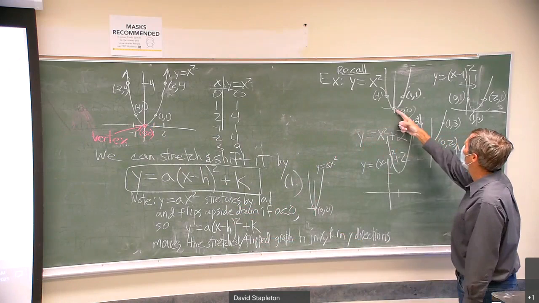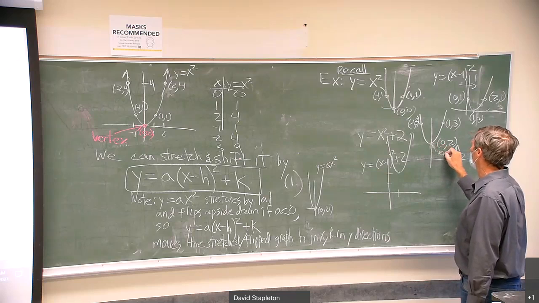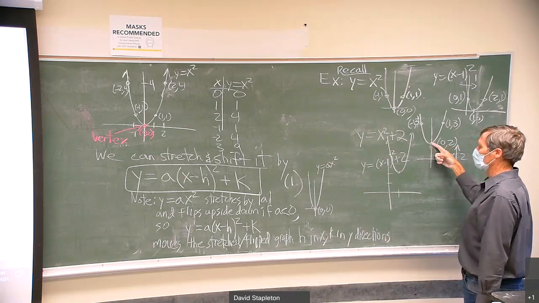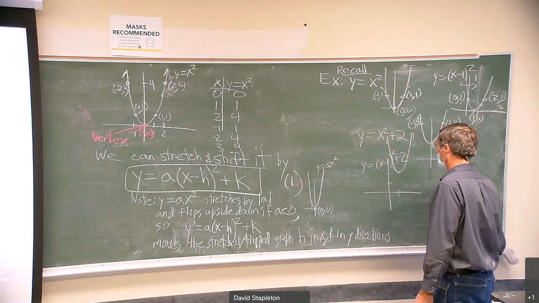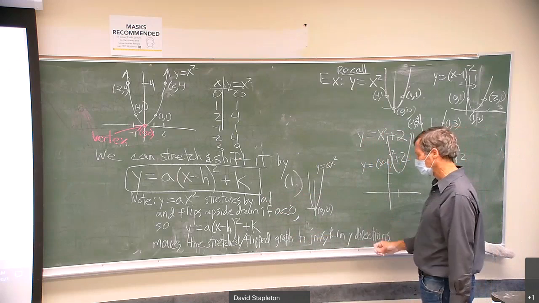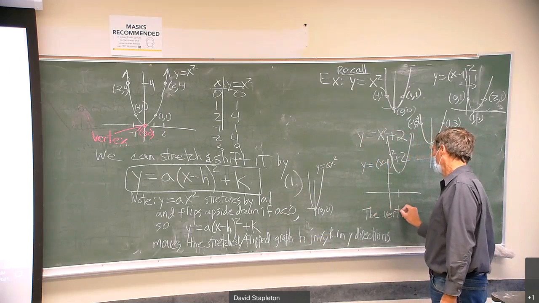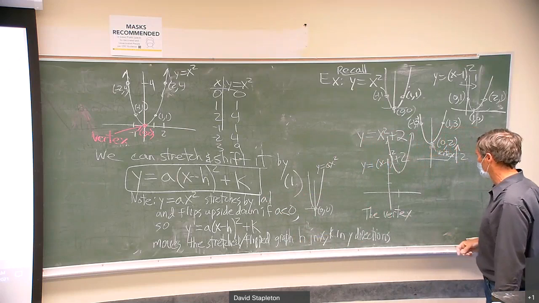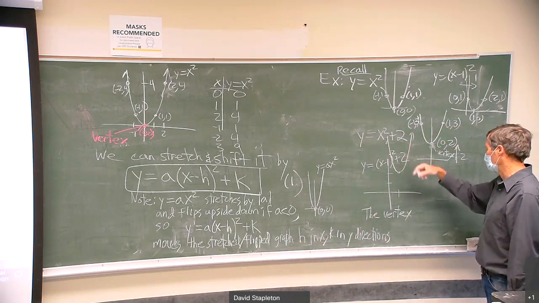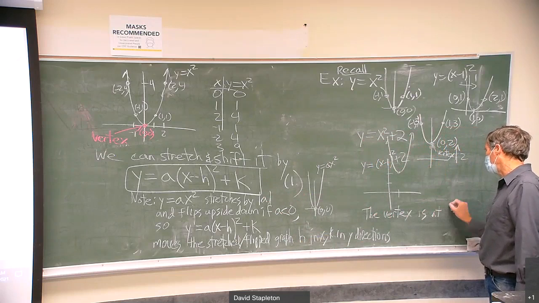And when you then move it over, the vertex is the shifted point, (h, k). So the vertex, the point where the thing bottoms out or tops out, depending on whether it's upside down or right side up, is now at (h, k).